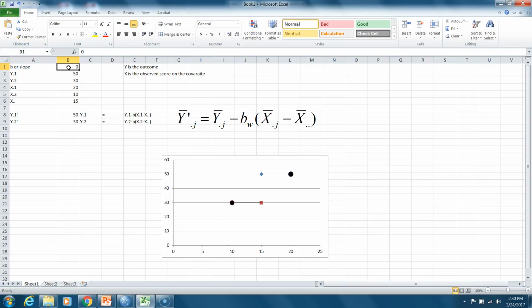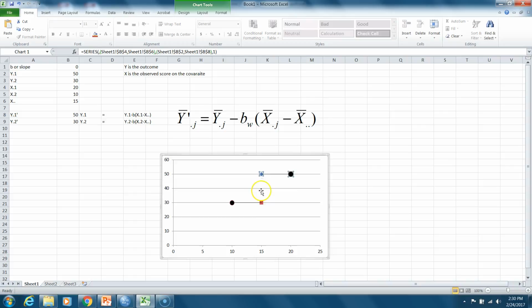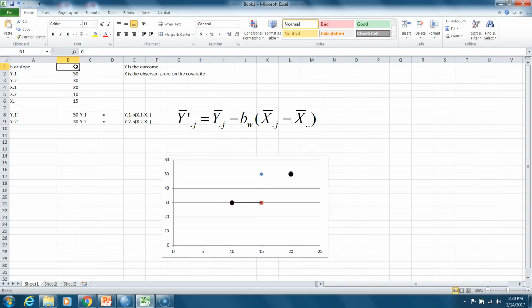So let's see what happens to those red and blue dots, the red and blue shapes here. One is a diamond shape and the other one is a square. Let's see what happens when we do like your textbook and put a value of 1 in for the slope. We can see that there is an adjustment.